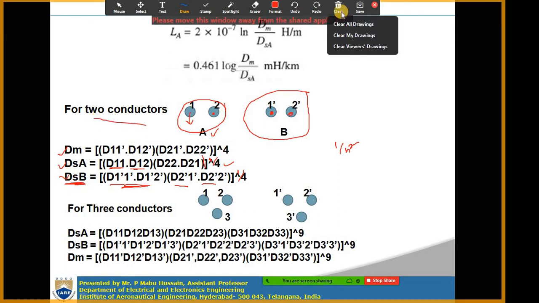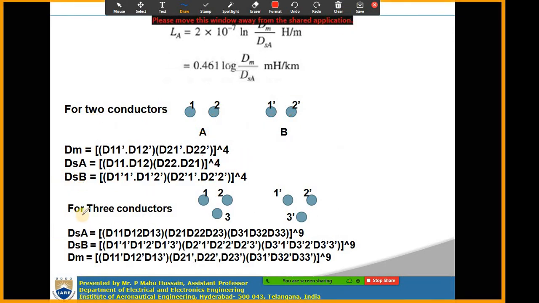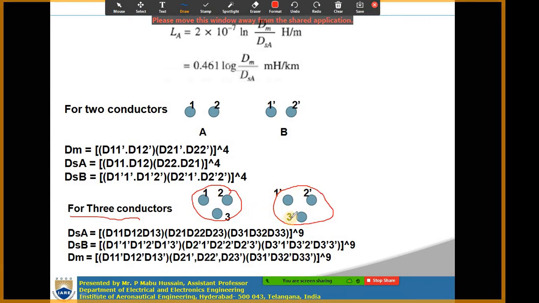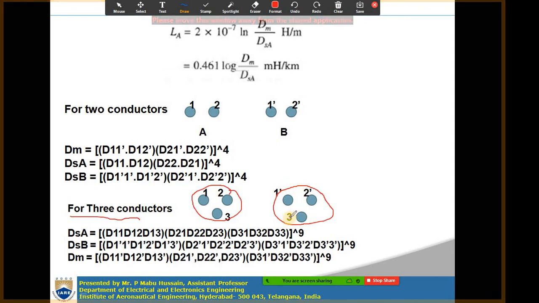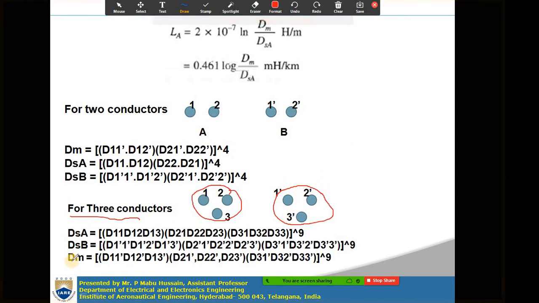Now, if there are 3 conductors in a composite conductor, suppose conductor A is having 3 subconductors, or 3 strands or 3 filaments, and conductor B is having another 3, which are represented with 1', 2', 3'. First write the mutual GMD, DM.